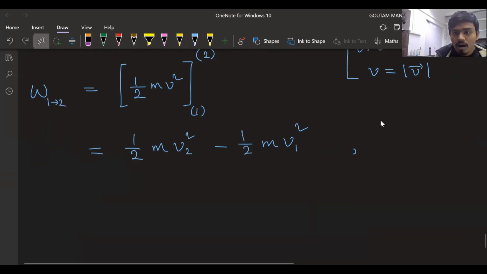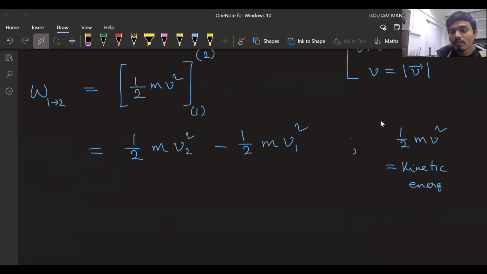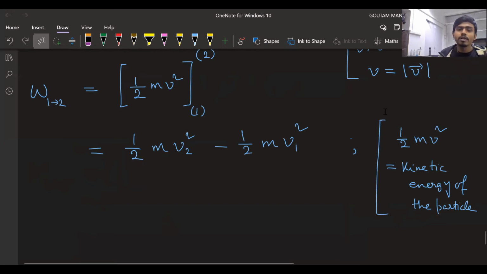Now half m v square is called the kinetic energy of the particle.